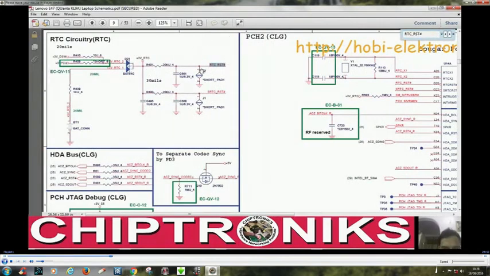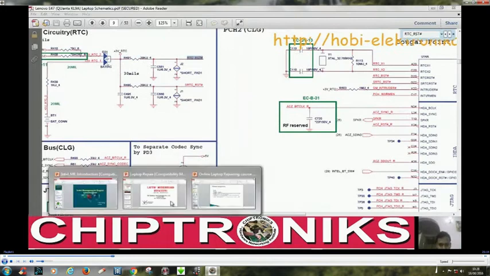This is from the RTC battery, right? So we have to check this capacitor and this short pad. If this is not there, then the RTC well will not start on, the PCH will not start on, your board will not start on. So we have to check this capacitor also. We have to check these two capacitors, right? And we go next.